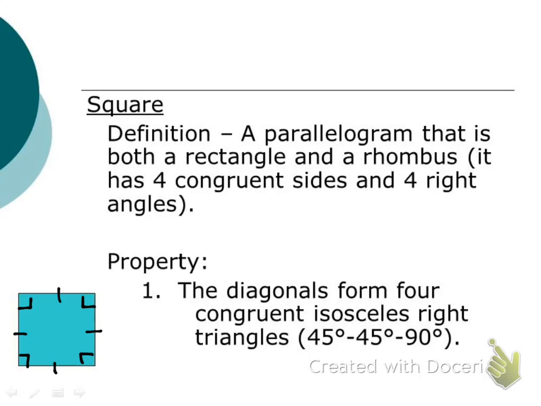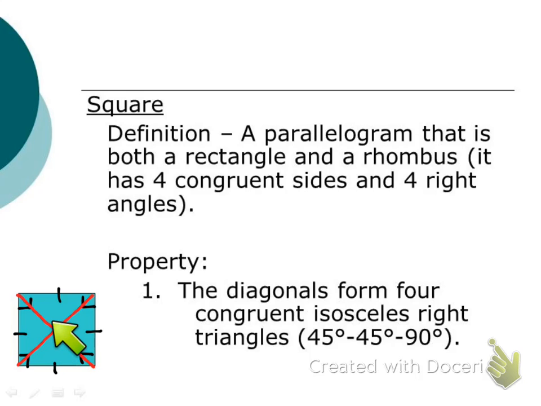The other thing that is cool here is with your diagonals. The diagonals, since it's a rhombus, they actually bisect the angles. Since it's a rectangle, they're congruent to one another. And again, remember with the rhombus, they form right angles, so these are all going to be right angles.